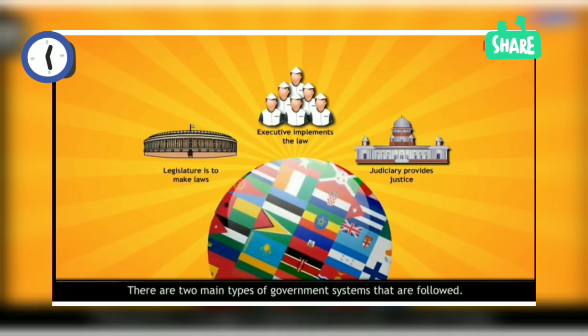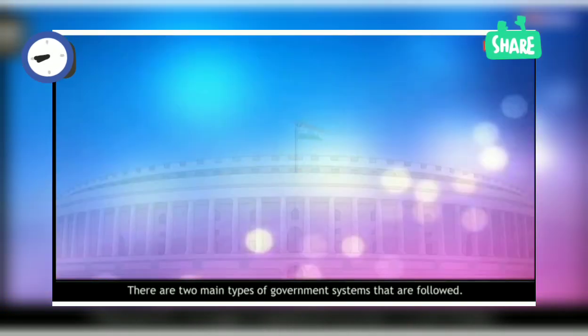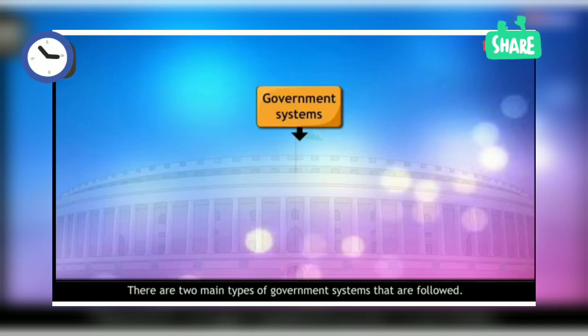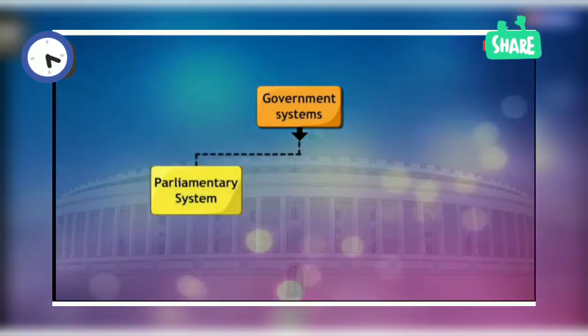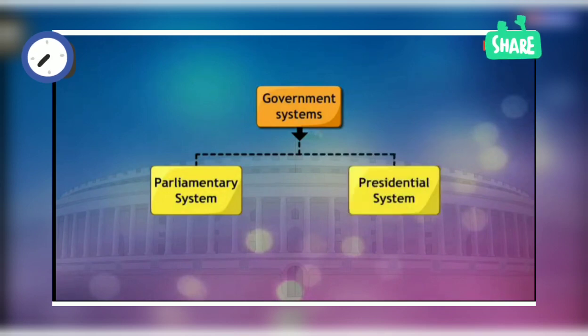For example, India follows the parliamentary system of government, whereas the USA follows the presidential system. Whenever people ask you about government systems, there are two types: the parliamentary system and the presidential system.